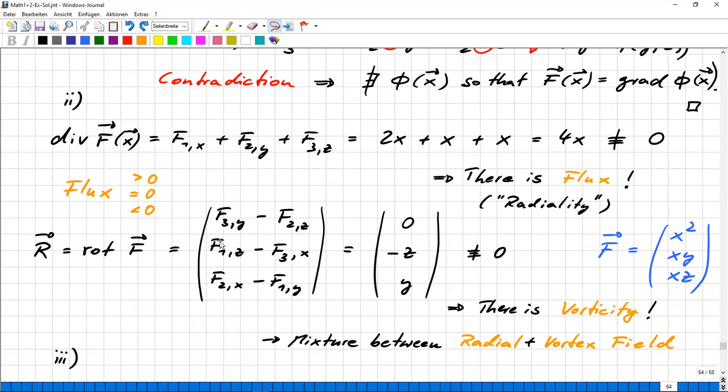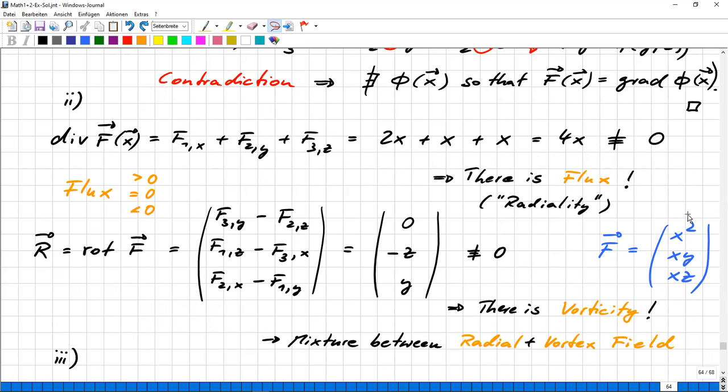You know where it comes from. We have to take F3 partial for y minus F second partial for z. Here, F first component partial for z minus vice versa. Here, second for x minus vice versa, meaning the second one for x, the first one for y. Okay, that's well known.